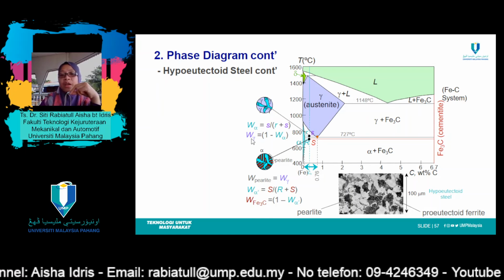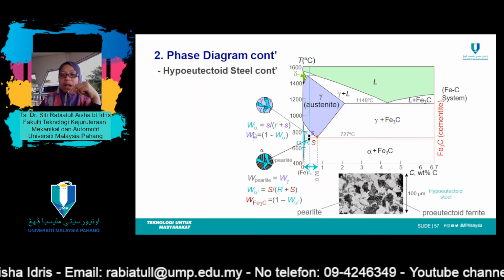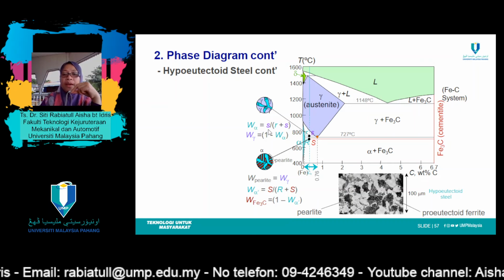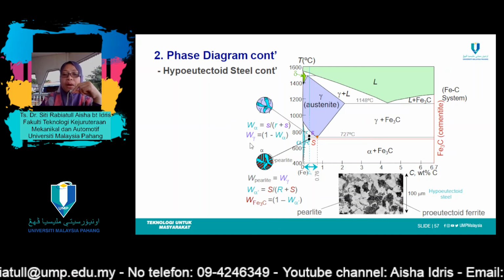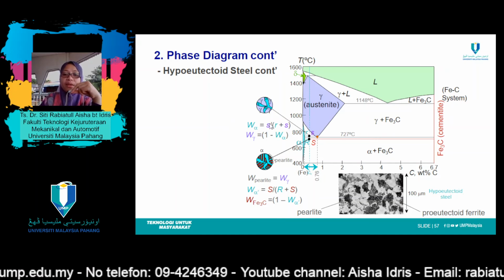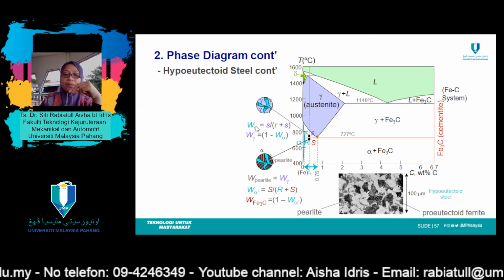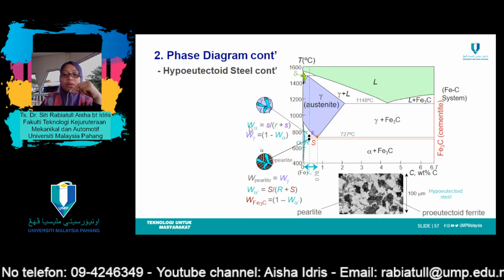If you have calculated the value of alpha with the formula S over R plus S, then the value of gamma is actually 1 minus the weight fraction of alpha.